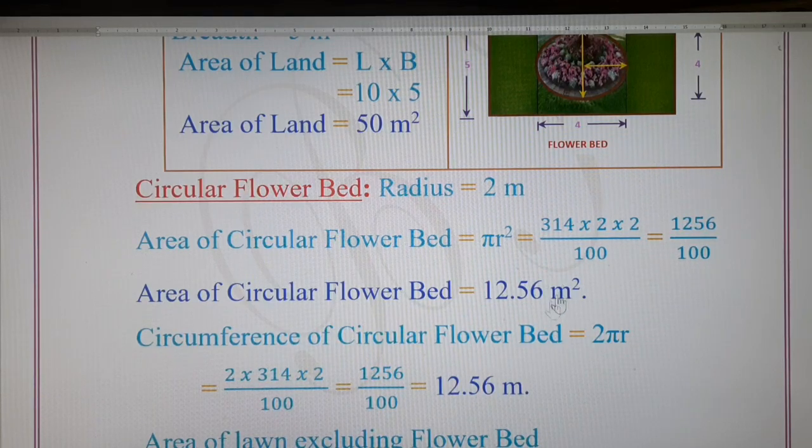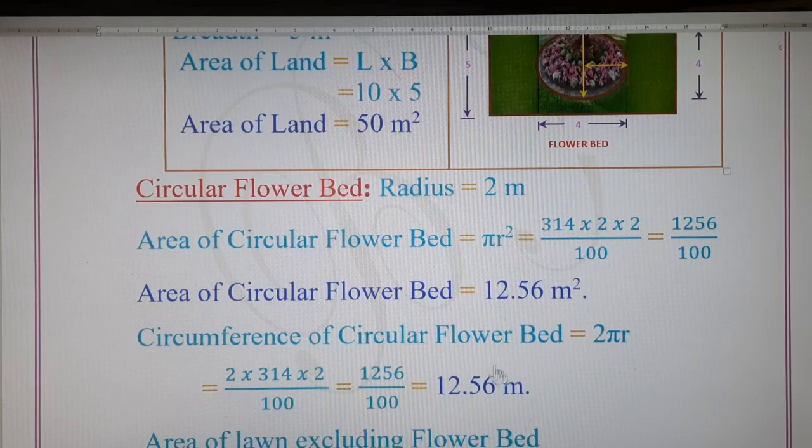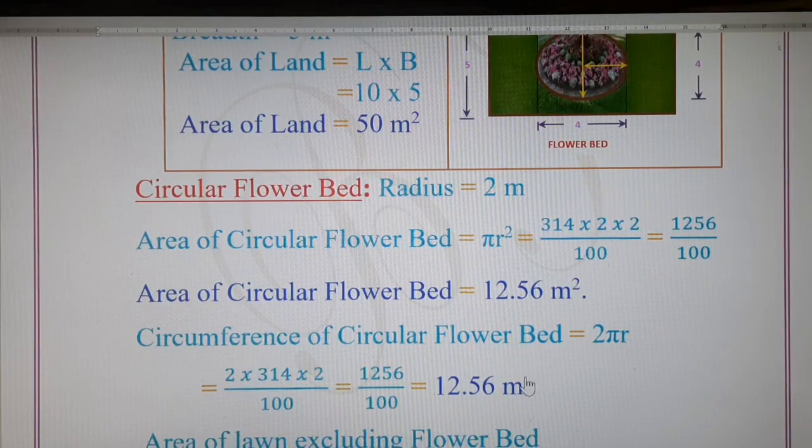Now children, if you have observed, in area we have written the unit as meter square, and in circumference we will write only meter. Circumference is a type of length. So in length or breadth, we will write only the unit. We will not write the degree 2 or the power 2. Circumference is the length of the boundary or the border length. Circumference is also known as the perimeter of the flower bed. So whenever the circumference or perimeter topic is there, we'll only write the unit, and will not write the square on top.